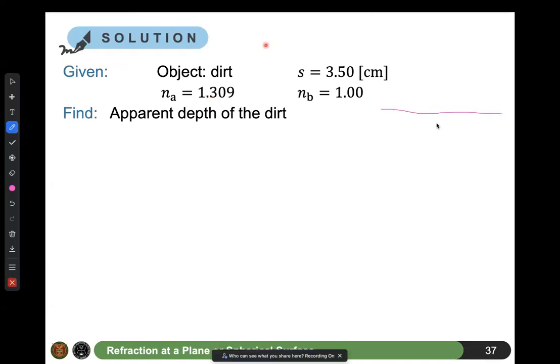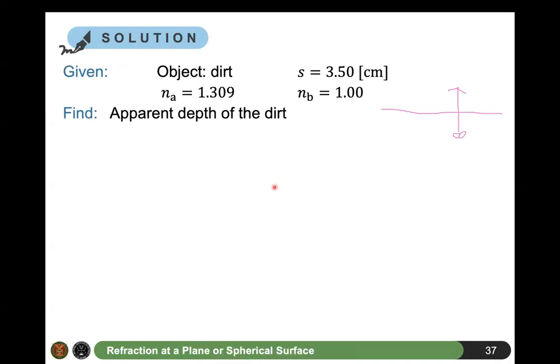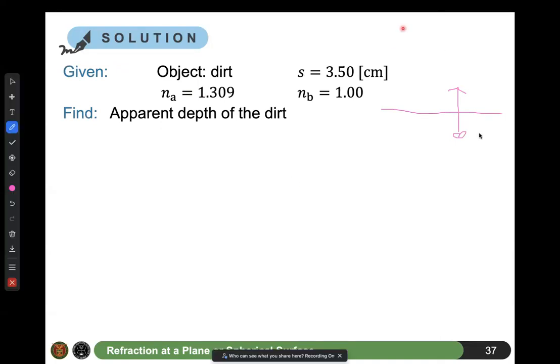So if you have a sheet of ice and the dirt is here, it is the object, and it will now refract. We want to find the apparent depth of the dirt. So NA is the ice, and NB is the air. Right? This is NA, the ice, and NB, the air.